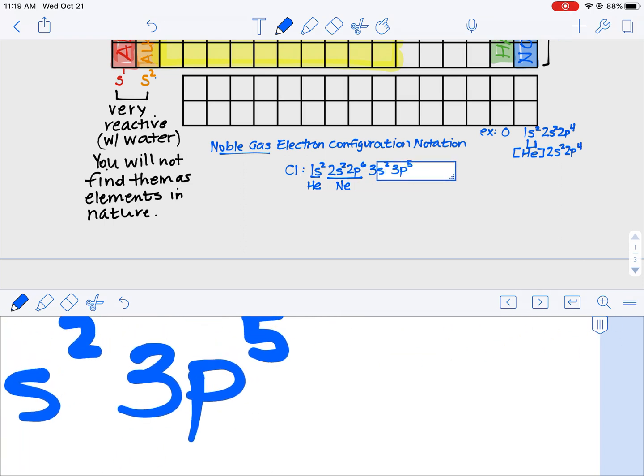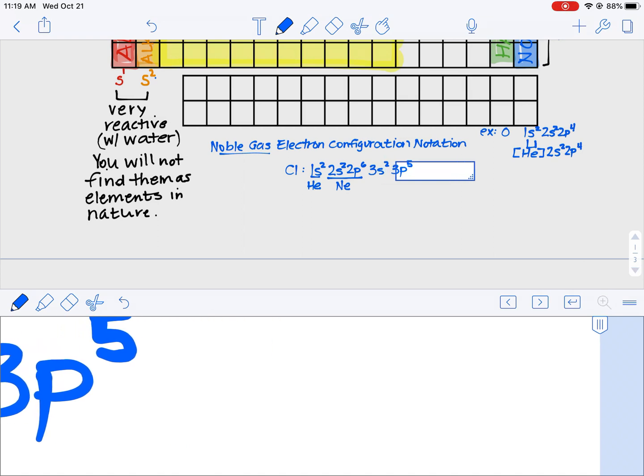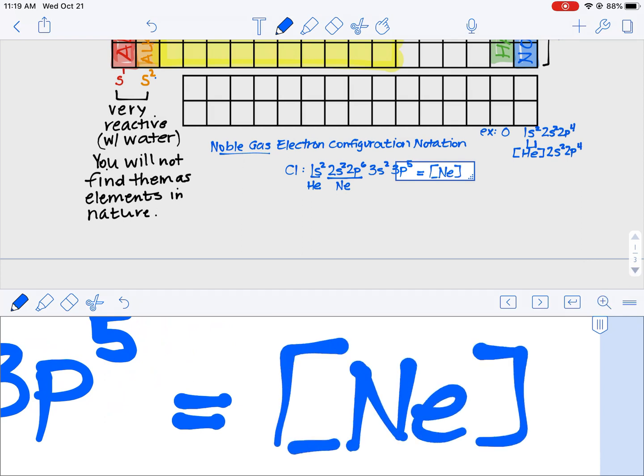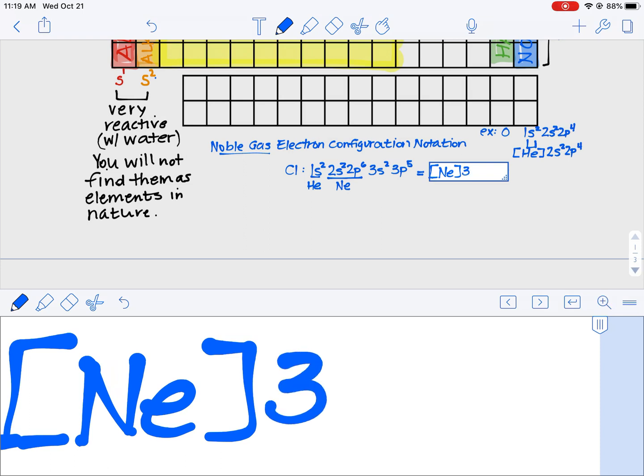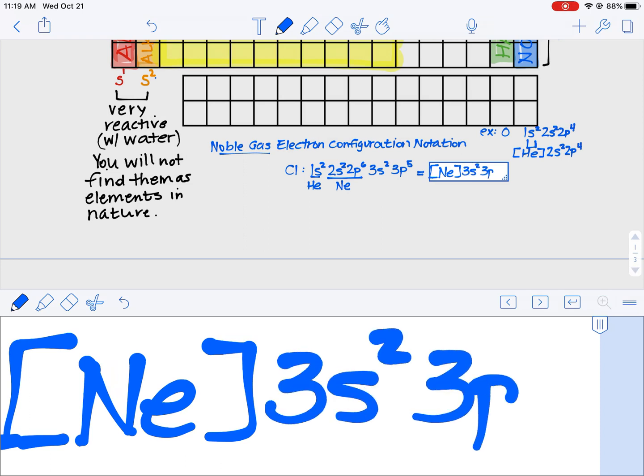And then my next noble gas doesn't come until I hit 3p6. So the way that I would write chlorine's noble gas electron configuration is I'd put neon's symbol in brackets. And that's telling the reader, organize all of the electrons for neon, and then continue from there. 3s2, 3p5.